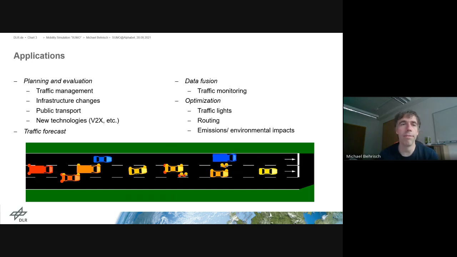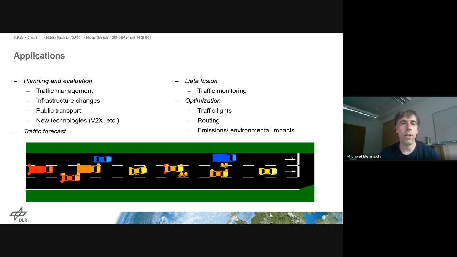You want to have a picture of a whole city. How does traffic management influence things? How do infrastructure changes work out? Basically do a forecast in a simulation to get to know how this works out before you need to test it in the real world.